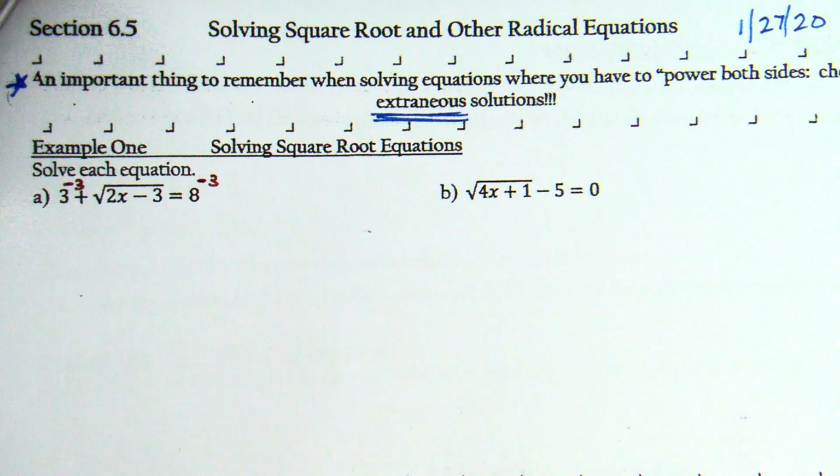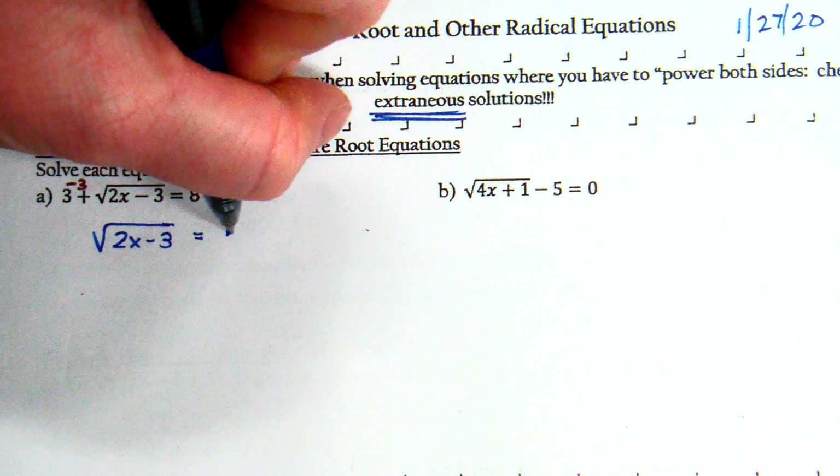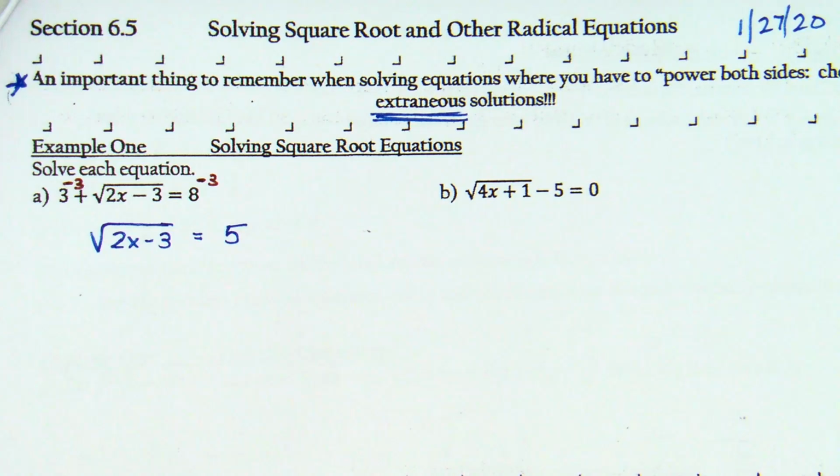I have the square root of 2x minus 3 equals 8 minus 3, which is 5. So, number one job, and I'm even going to write it in the middle here: isolate the radical. Always your number one job.